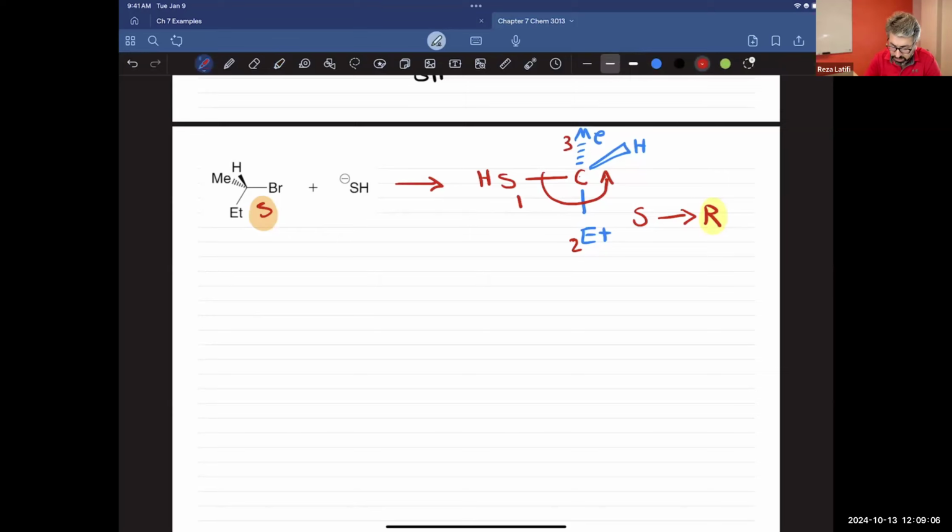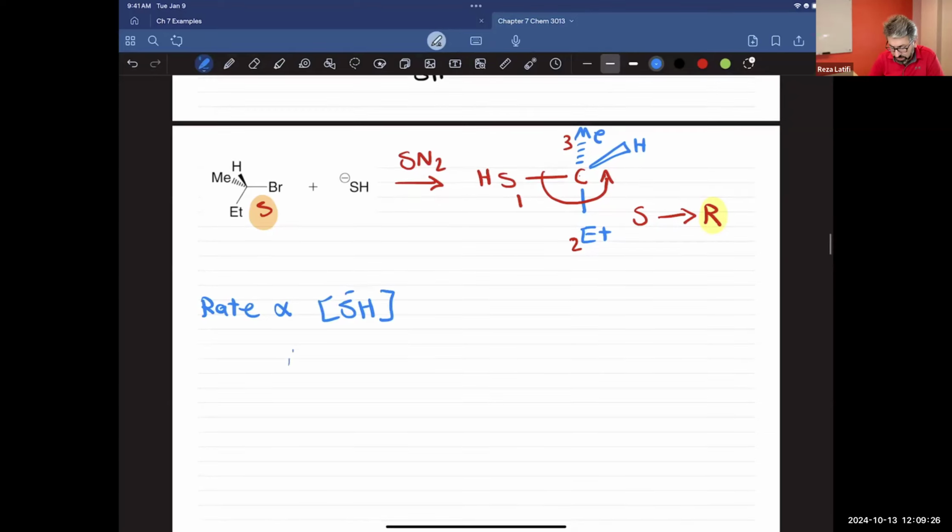So this is going to be an SN2, nucleophilic substitution, and the order is 2. The rate of the reaction is subject to the concentration of SH, the nucleophile, and also to the concentration of the substrate. So the rate is subject to both of them.